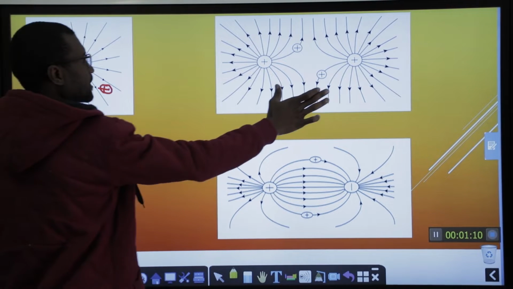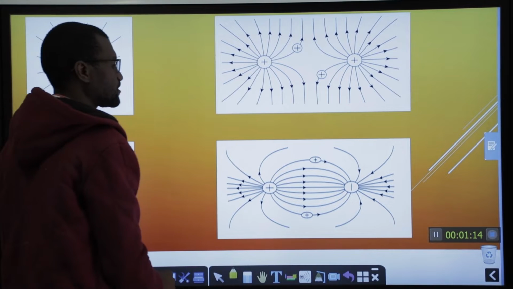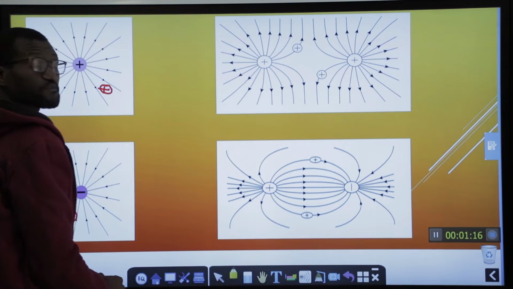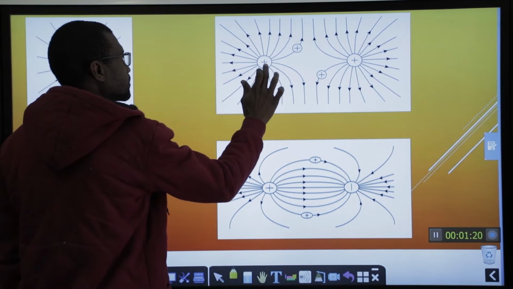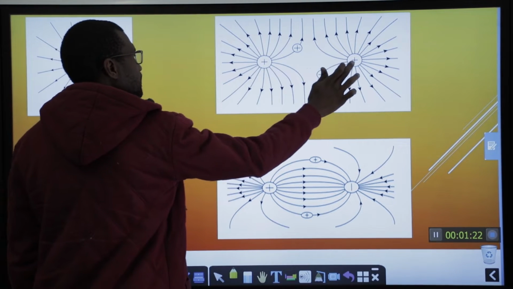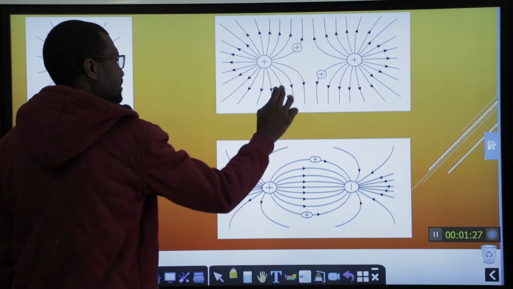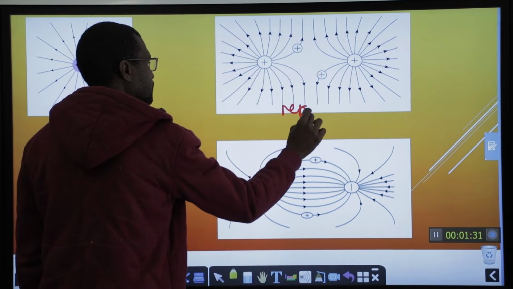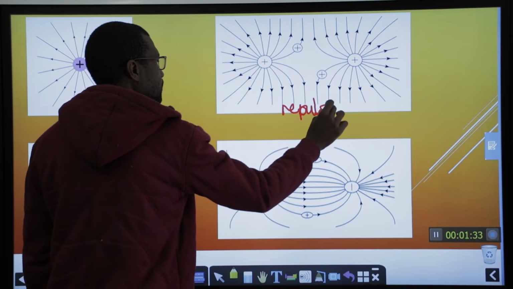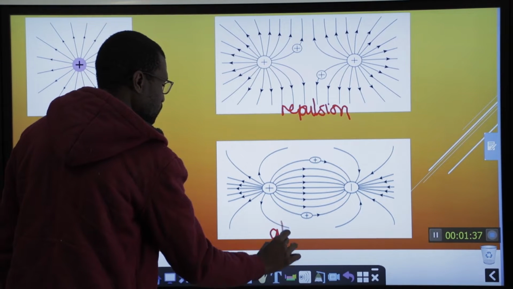Here's an electric field diagram that shows two positively charged bodies, or spheres, two point charges that are positively charged. There's going to be repulsion here, while the second one here is showing an attractive force.